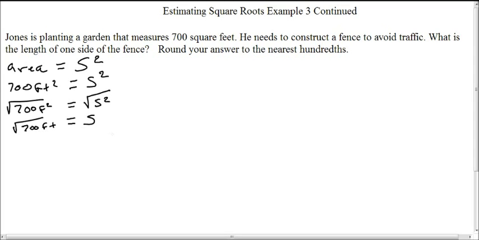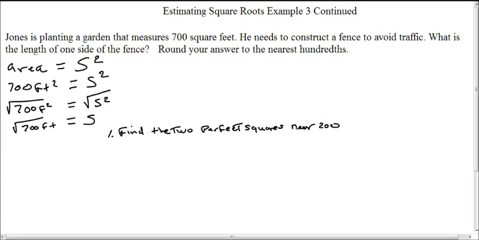So the first step is I want to find the two perfect squares nearest 700.